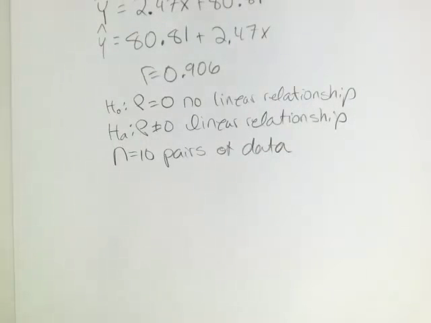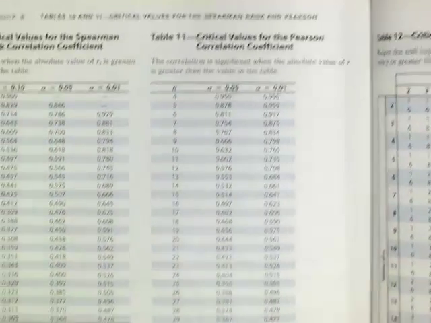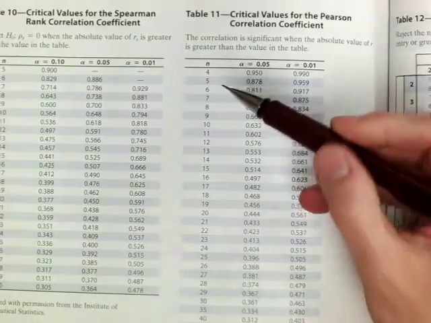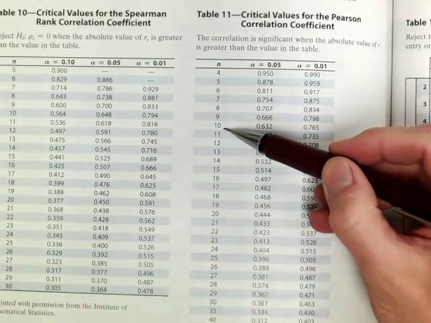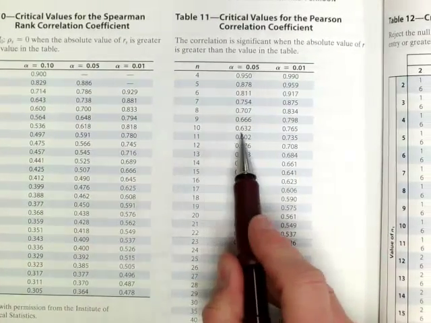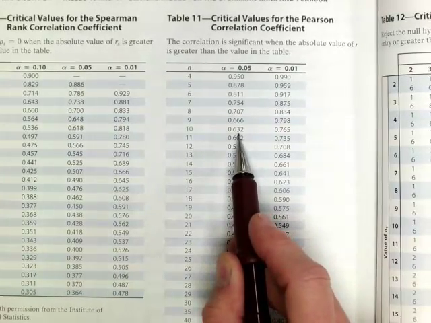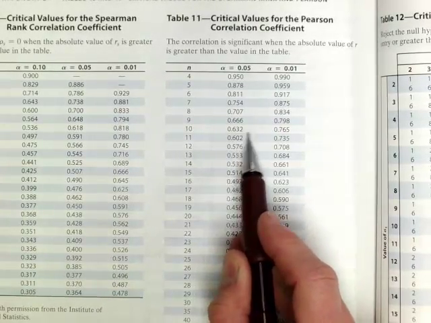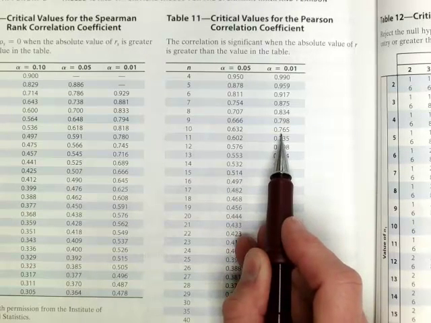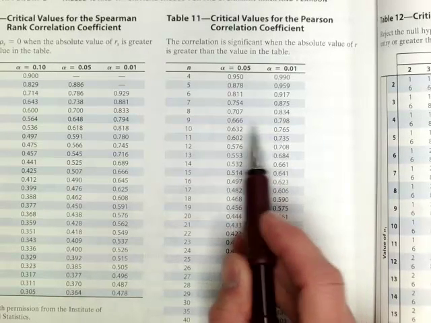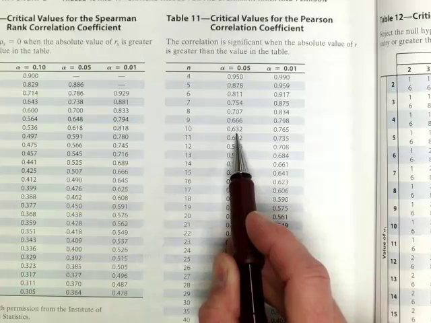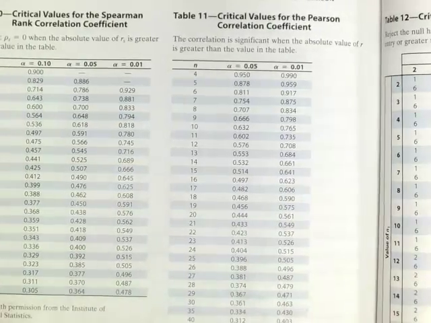Going to table 11, in the back of your book, I read down first to the number of pairs and then over to the critical value. I've got two options, a significance level of 0.05 or 0.01. If we use 0.05, 0.632 would be our critical value.